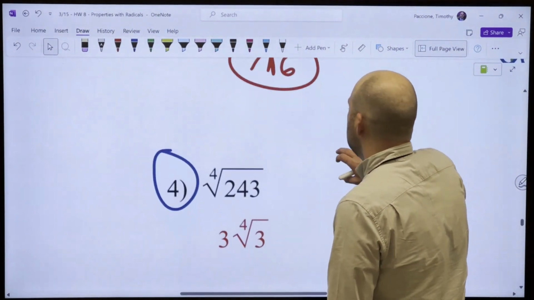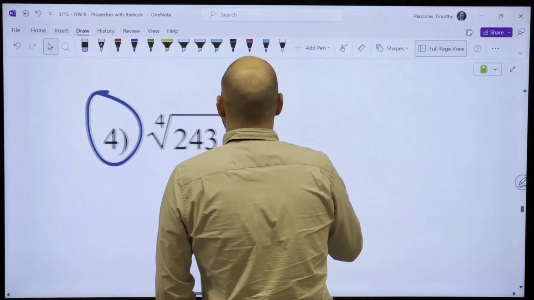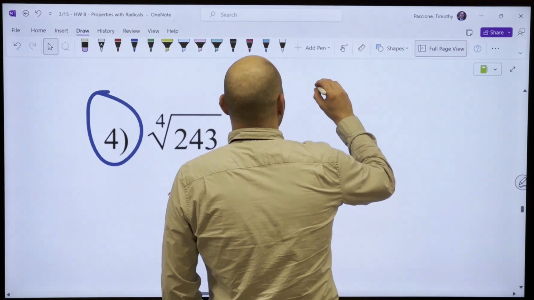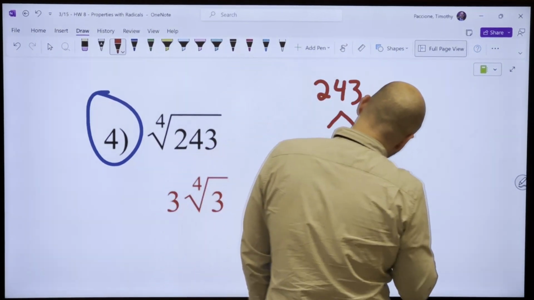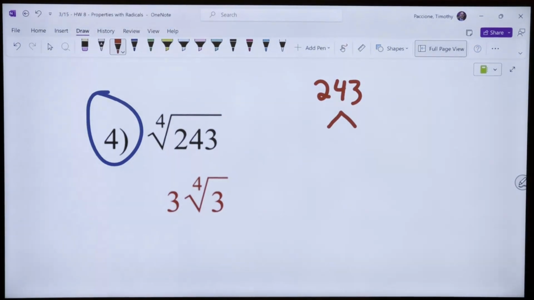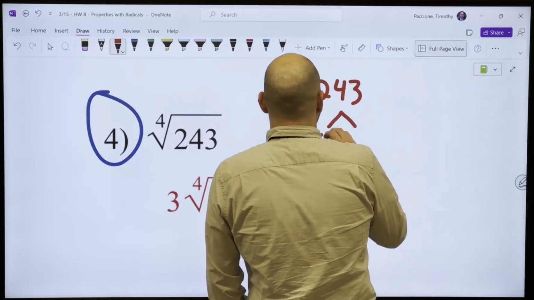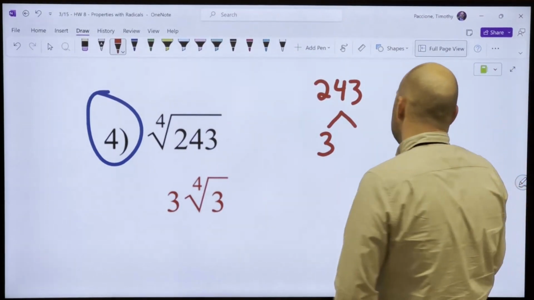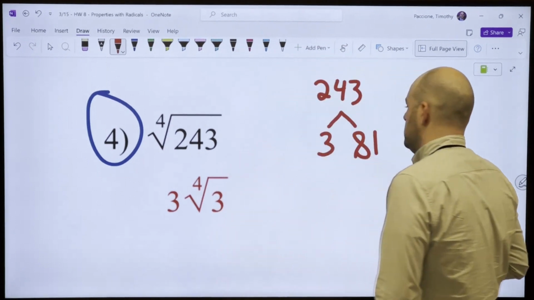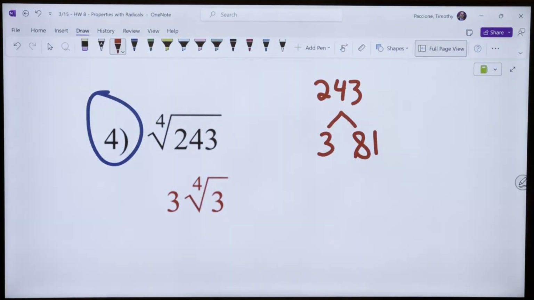Number 4. All right, so 243, and we're looking for the 4th root, right? So 243, well, it's not even, so it's not going to divide by 2. Maybe it'll divide by 3. And what do you get when you divide by 3? 81. Now, you can keep breaking this down, but aren't we looking for a 4th root?